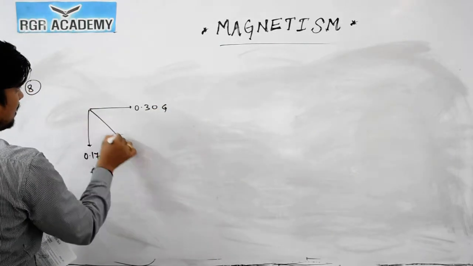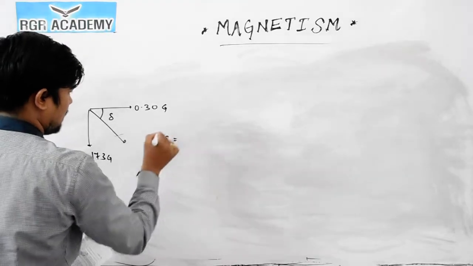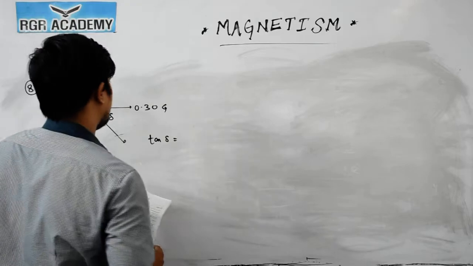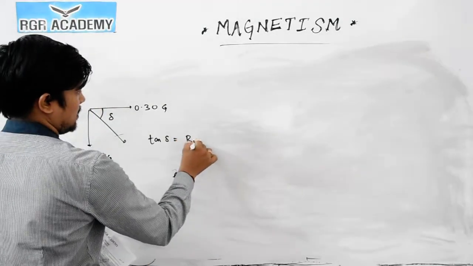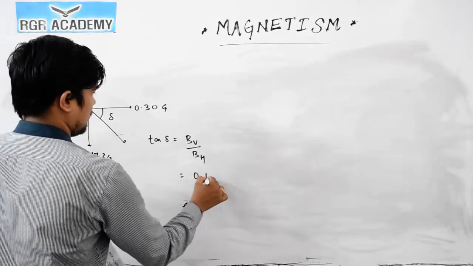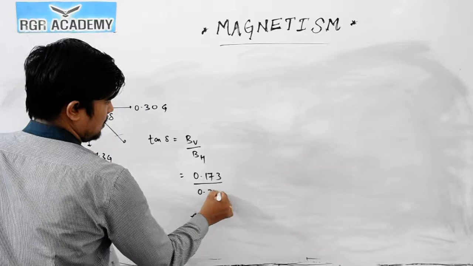So angle of dip they are asking, so this will be angle of dip. So we can say tan delta. Tan delta we can write as BV by BH. So that will be equal to 0.173 divided by 0.30.